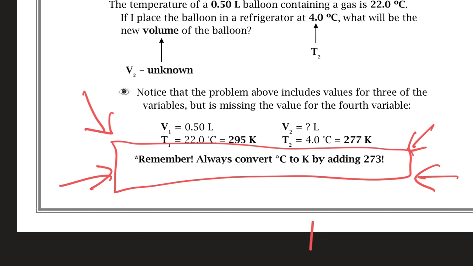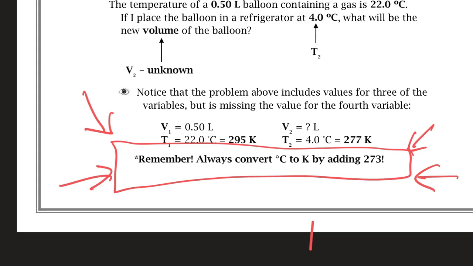Whenever you've got Celsius, you have to convert to Kelvin. Now it's easy. You just add 273. You cannot do a gas law problem with your temperature in Celsius. You will get the wrong answer. Whenever you see Celsius in the gas law problem, you should go, bing, got to convert that puppy. Can't use it the way it is.